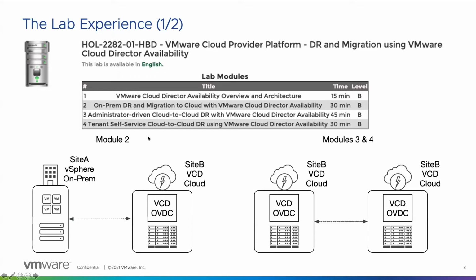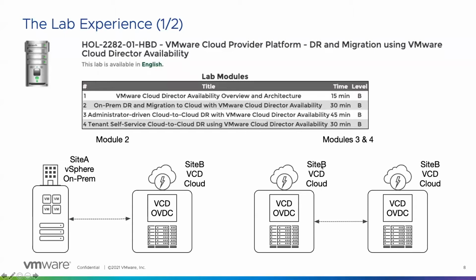Module 2 is the one that we're going to focus on today. It's the on-prem to the cloud migration. Here you see Site A vSphere on-prem migrating to the cloud. Modules 3 and 4 are both cloud to cloud, Site A to Site B. Oops, I just realized my slide is messed up.